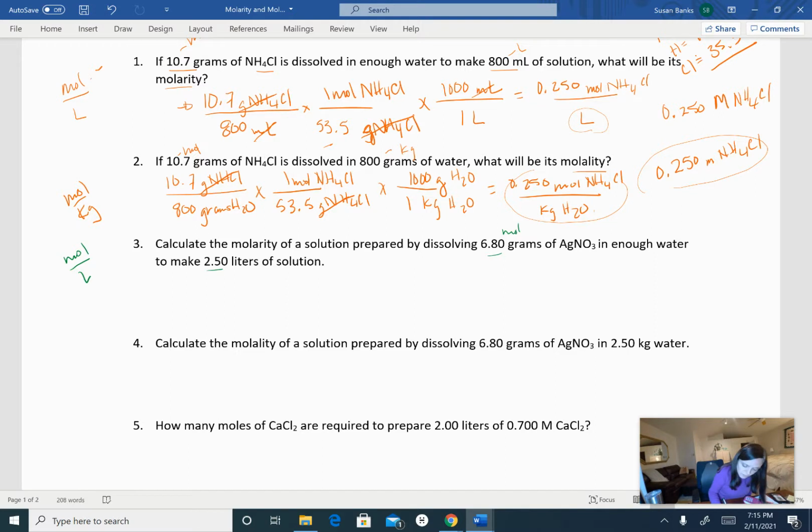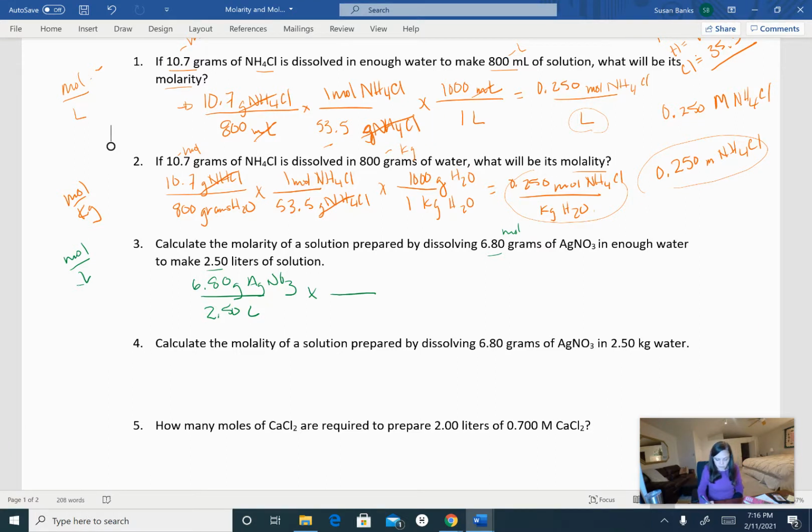So let's start with our grams. So 6.8 grams of silver nitrate over 2.5 liters of solution. We've already got liters, so we really only have to convert our silver nitrate into moles.